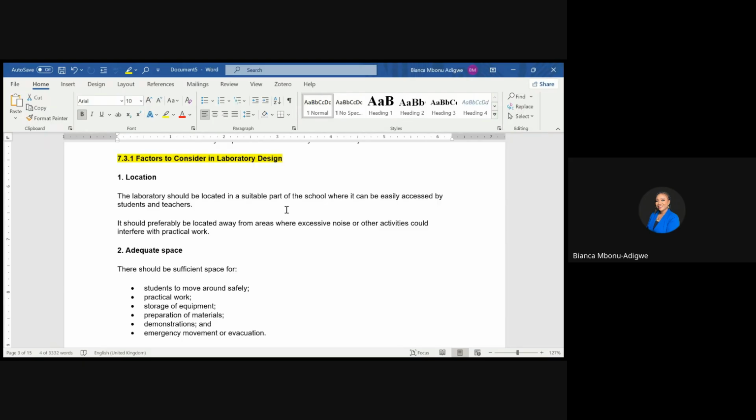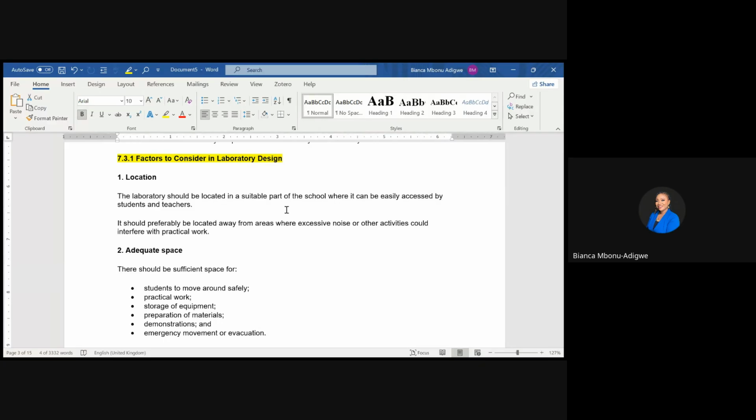What type of design? First thing is the location. You should be thinking about the location. It should be located in a suitable part of the school where it can be easily accessible for both students and teachers. You cannot have your integrated science, your JSS class, close to the school gate, and then the lab is at the back of the school, and it will take students like 20 minutes to move from their classroom to the lab.